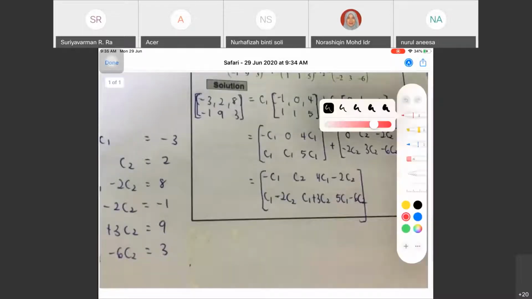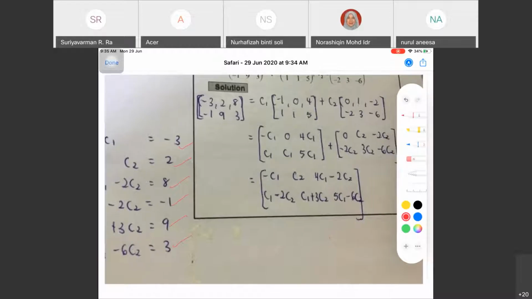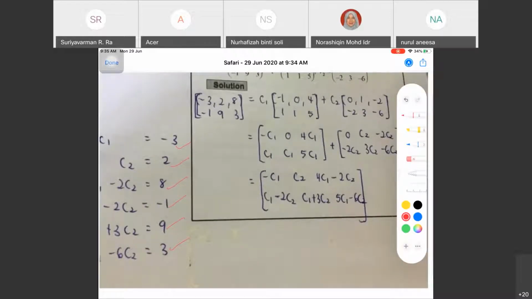Cuba tengok ni. So betul? Nurul dah dapat? Okay. But you see here, do you need all these things? You already got here, C1, oh, yang ni silap sikit kot. Negative C1 equal to negative 3. Here you got negative C1 plus 0 C2 equal to negative 3.